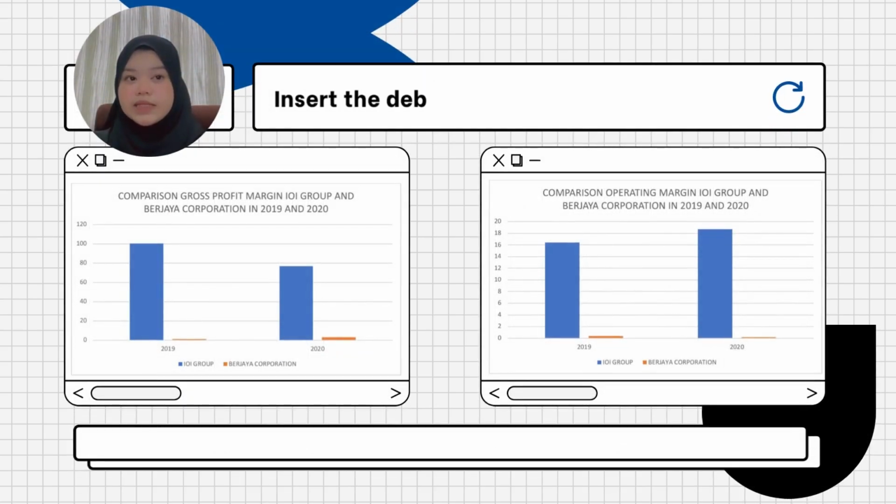Comparison gross profit margin IOI Group and Berjaya Corporation in 2019 and 2020. Based on the data above, in 2019, IOI Group has a higher gross profit margin of 100.5% than Berjaya Corporation by 0.13%.